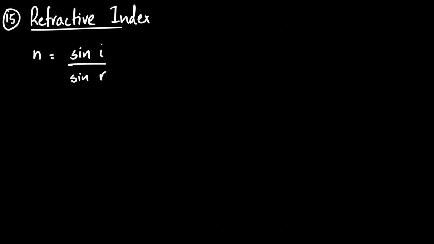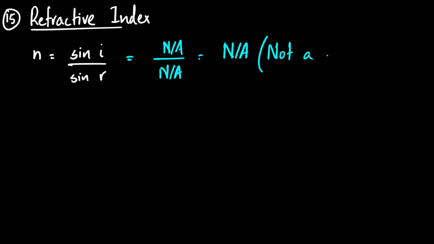And in the very first video of this chapter, we discussed that sine of anything has no units, and as a consequence the refractive index overall does not have any units. So according to the conditions that we laid down in the very first lecture, this would not qualify as a physical quantity. So not a physical quantity.